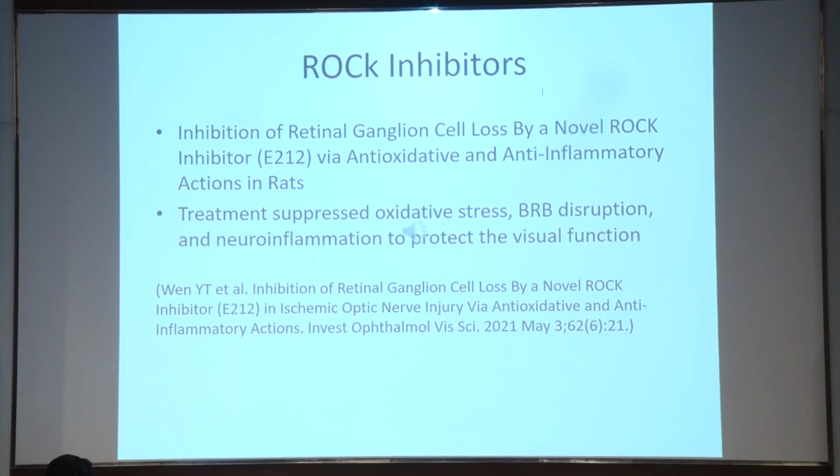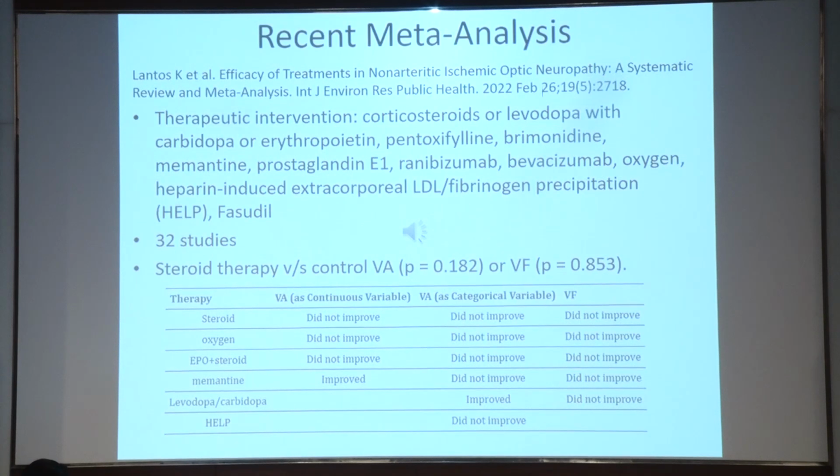Other molecules in the form of ROCK inhibitors, which have neuroprotective properties, have been used in this condition, but it's still in the research stage and no clinical implications have been noted as of now.